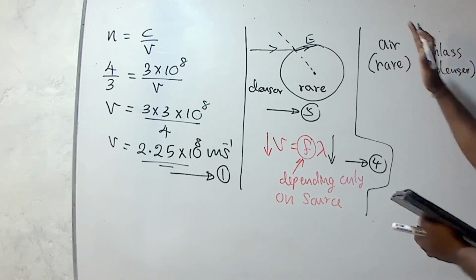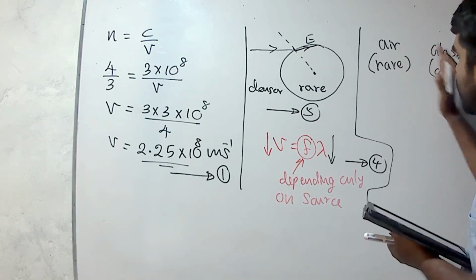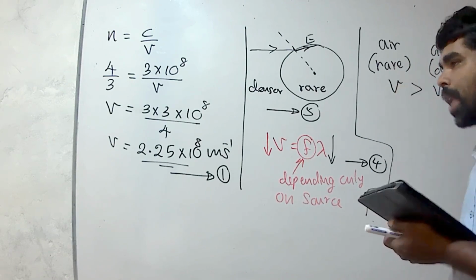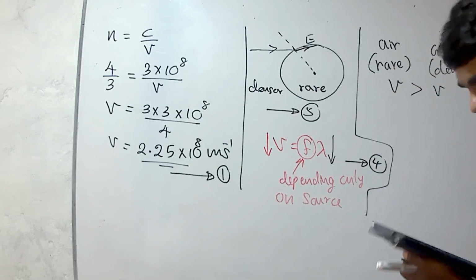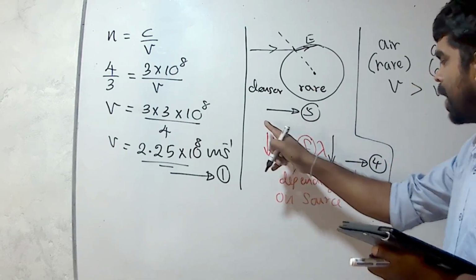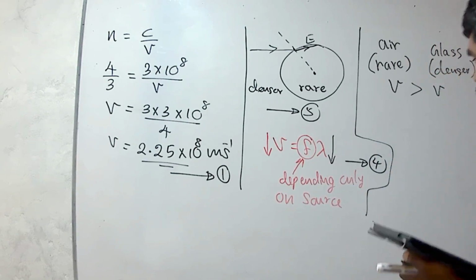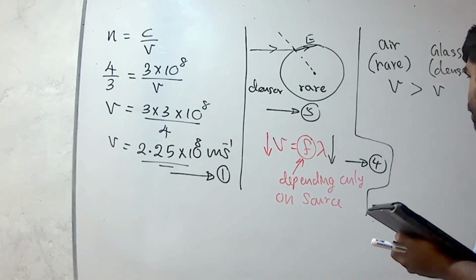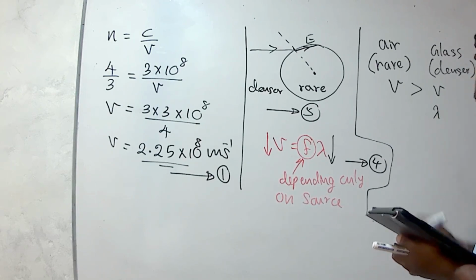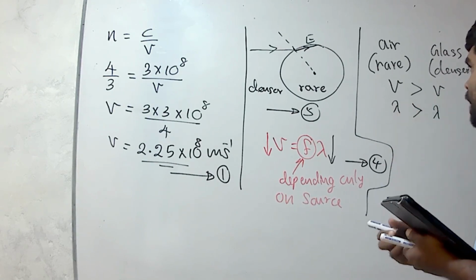Because the velocity of the light ray in glass is less than the velocity of the light ray in air, according to v equals f lambda, when velocity decreases, lambda decreases. Therefore, the wavelength in glass should be less than the wavelength in air.